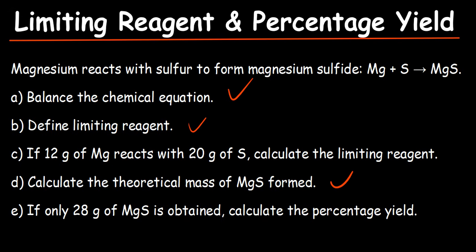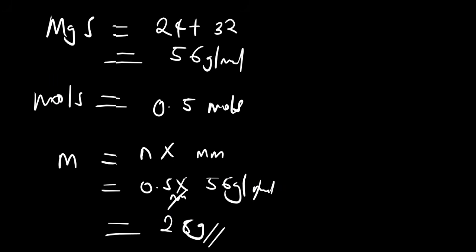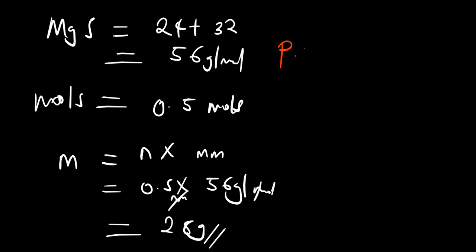Then E, if only 28 grams of magnesium sulfide is obtained, calculate the percentage yield. Percentage yield is equal to the actual over theoretical multiplied by 100.